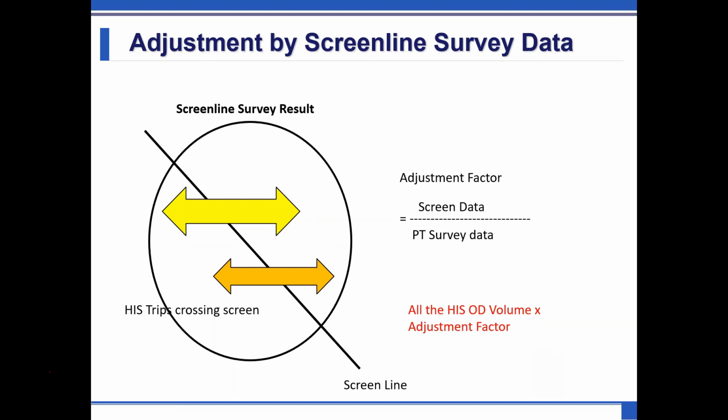For example, according to the OD tables developed by the person trip surveys, trips crossing the screen line can also be captured and summarized. And these values are compared with the actual traffic count data, and the adjustment factors by vehicle types can be estimated.